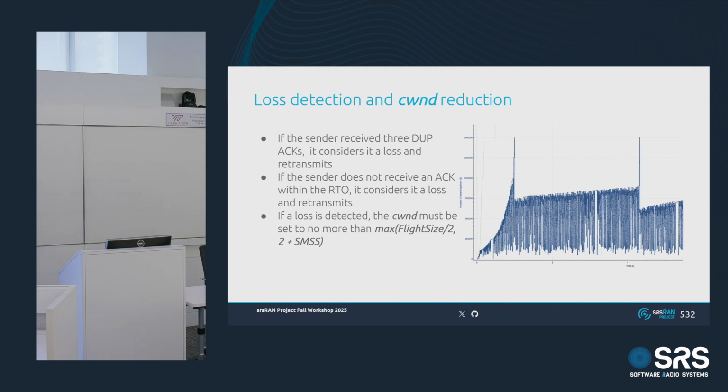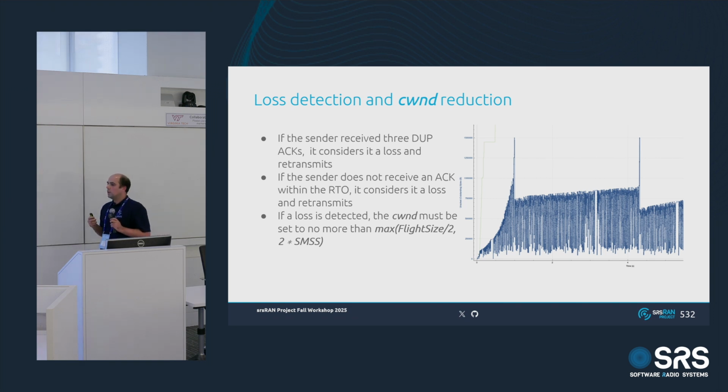Again, if you receive 3 duplicate ACKs, you will detect the loss. If you do not receive an ACK within the retransmission timeout, you also detect a loss, and your congestion window gets dramatically reduced. So losses are the problem. Losses are what you really want to find.